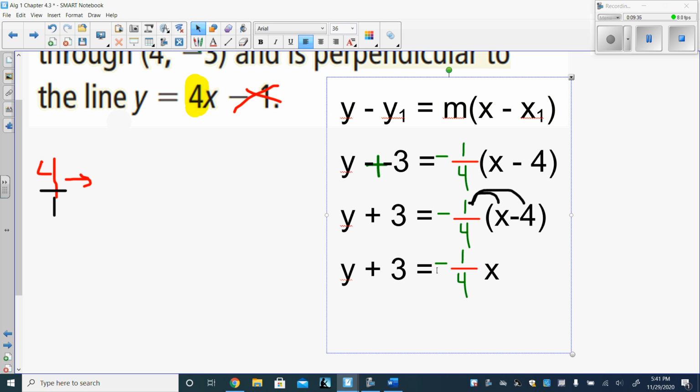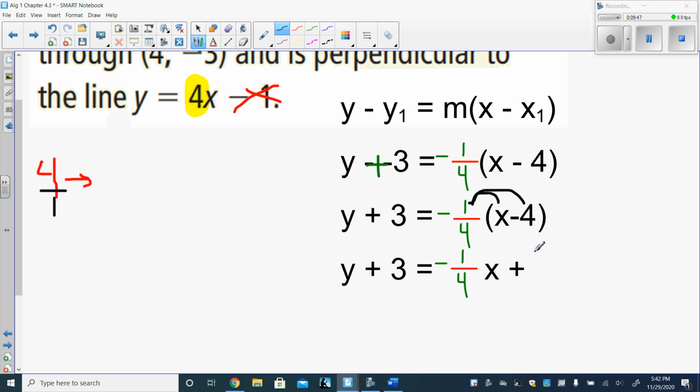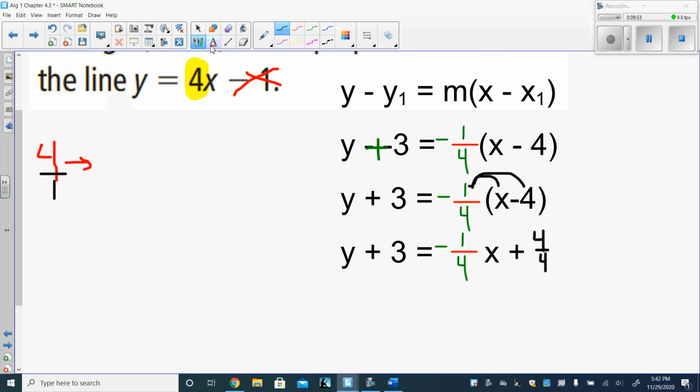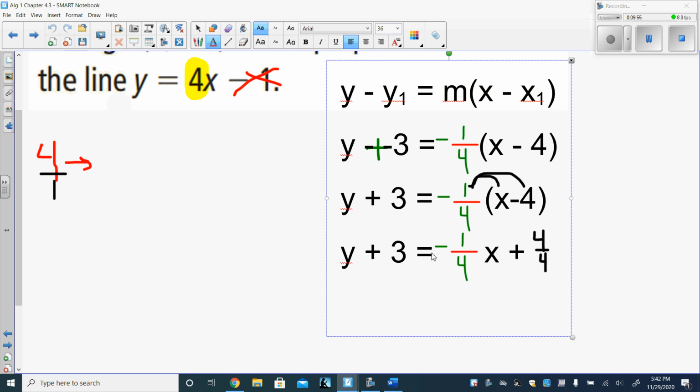Because they just multiply together, we just get negative 1/4 x. Now, negative 1/4 times negative 4, well, the negative and negative would give us a positive. And then what we're going to have here is 4 over 4, because we multiply the numerator by the numerator. And we get this here.